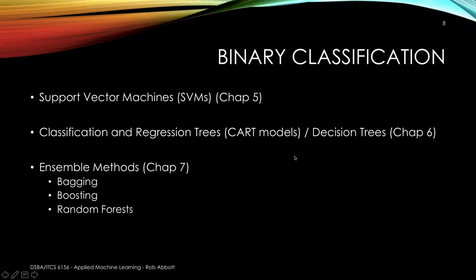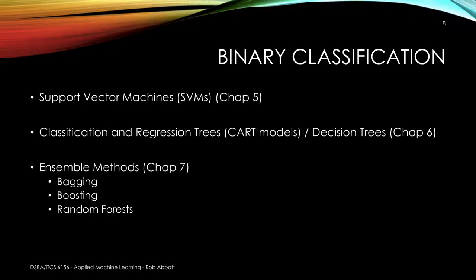So binary classifiers, there are other types, support vector machines, which we're going to devote the entirety of Chapter 5 to. Classification and regression trees, these are referred to as CART models or decision trees sometimes. Once again, we devote an entire chapter to that in Chapter 6.